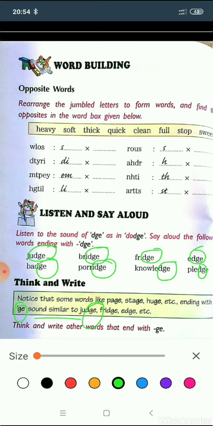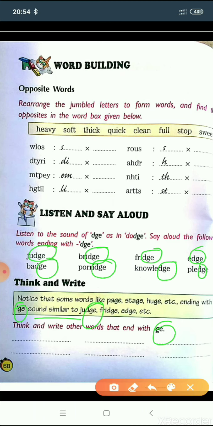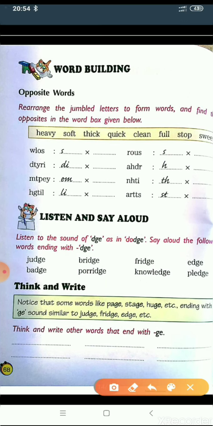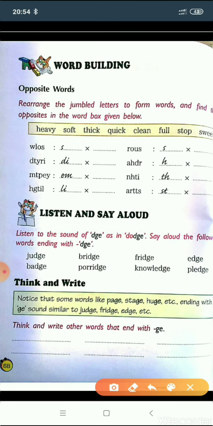So what we have to do is think and write other words that end with GE. Children, how many words do we have to write? We have to write 6 words at least. So the words can be cage.